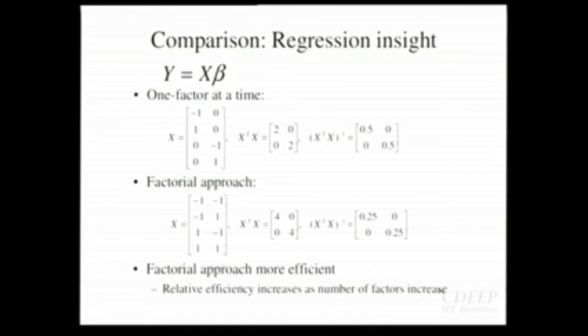Whereas here all the 4 runs contain information from x1 as well as x2. So to extract the coefficient corresponding to beta 1, I really have only 2 observations over here, but over here I have 4 observations. I have double the number of observations, and that is what is getting reflected in the uncertainty becoming half.